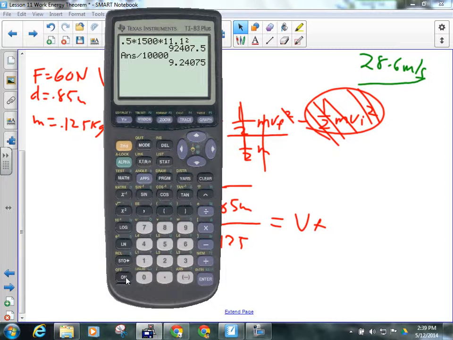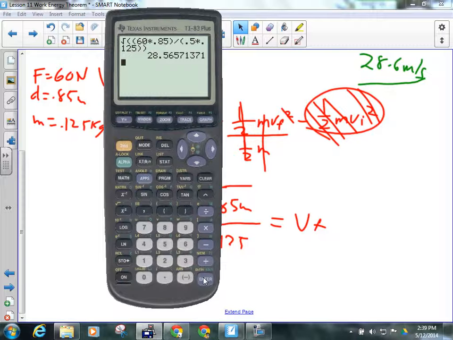If you're going to do it with brackets, you really have to be mindful of how many brackets you're using. So this would be 60 newtons, the top, times 0.85, divided by the bottom, which is 0.5 times 0.125. All right, and you get 28.6 meters per second.